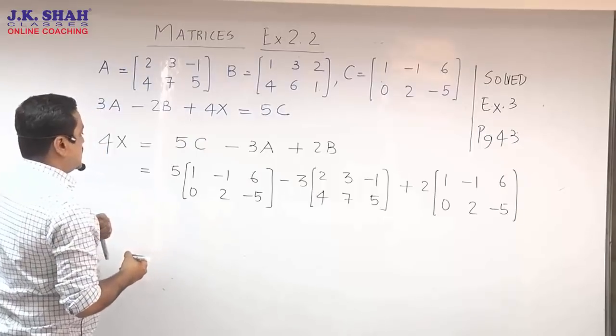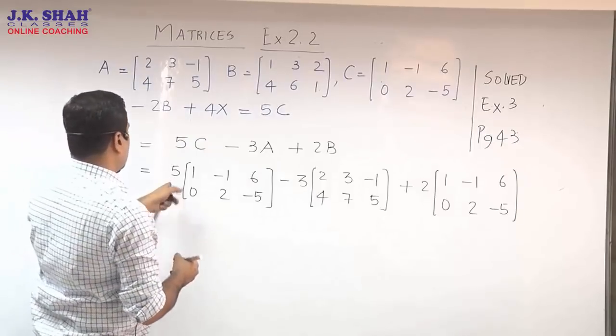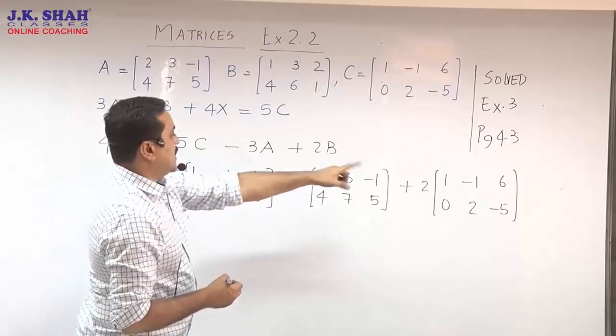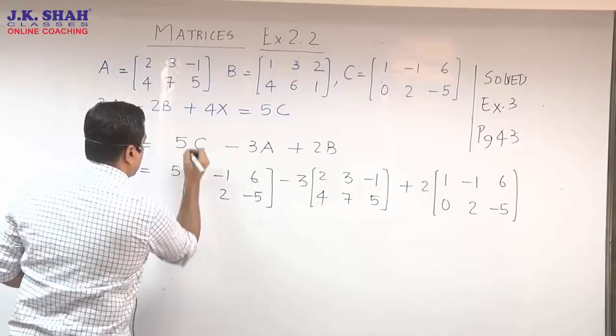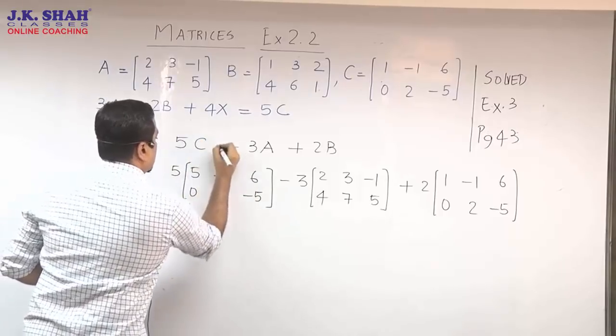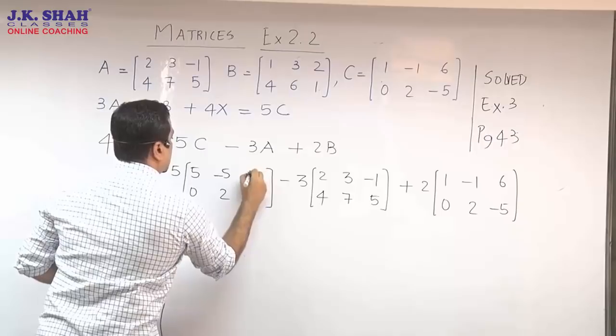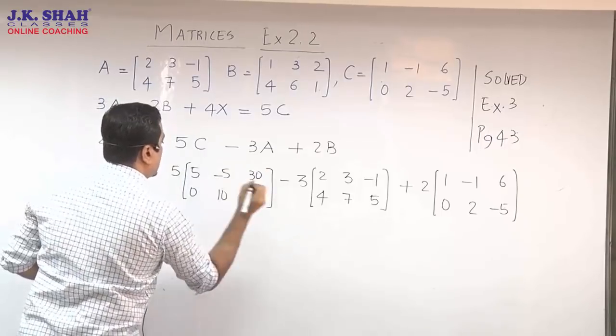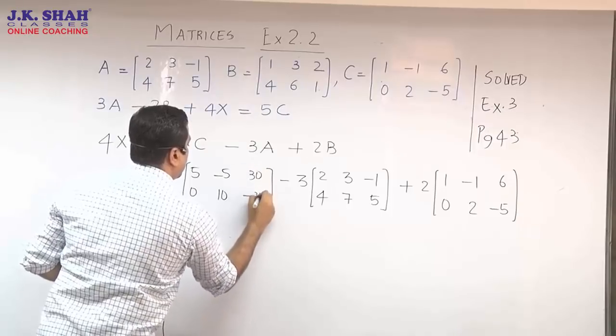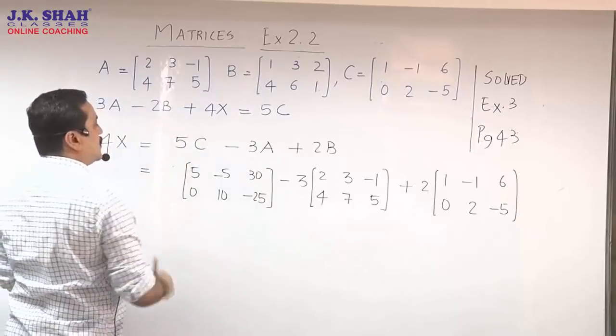How do we go ahead? Like the previous sum, you need to push your 5 inside, 3 inside and 2 inside. That means in the first matrix you are going to multiply all the elements by 5. Minus 5, 30. Till I finish off the multiplication, I will keep it on the board. 5, 10. We are multiplying all the elements by 5. Minus 25. The 5 is gone.